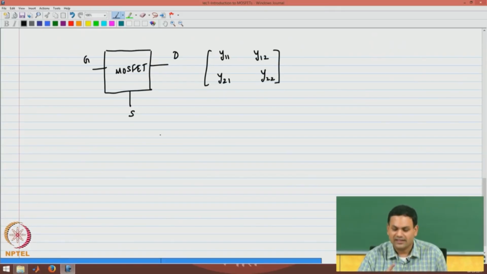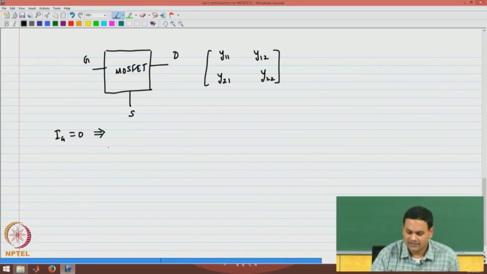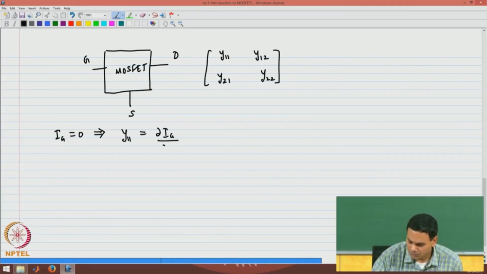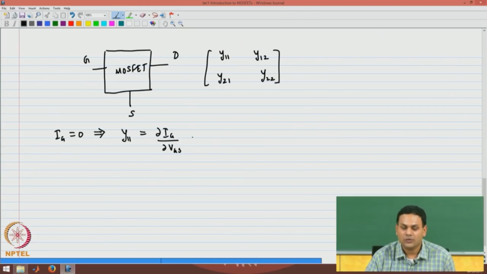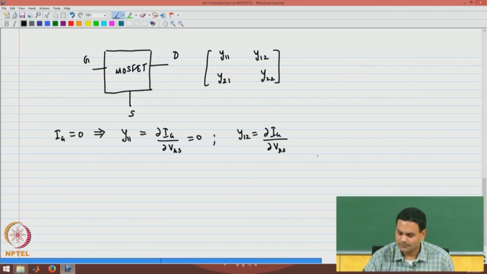And note that in the case of the MOSFET, the gate current is 0, which implies that y11, which is dou Ig by dou Vgs, is 0, and y12, which is dou Ig by dou Vds, is also 0, because the gate current is just 0.